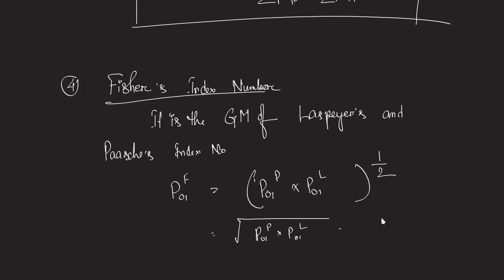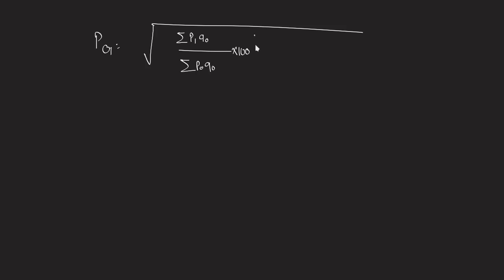Let's try the simplification. So P01 will be root over: Paasche's formula is summation P1 Q1 by summation P0 Q1 into 100, and Laspeyres is summation P1 Q0 by summation P0 Q0 into 100.